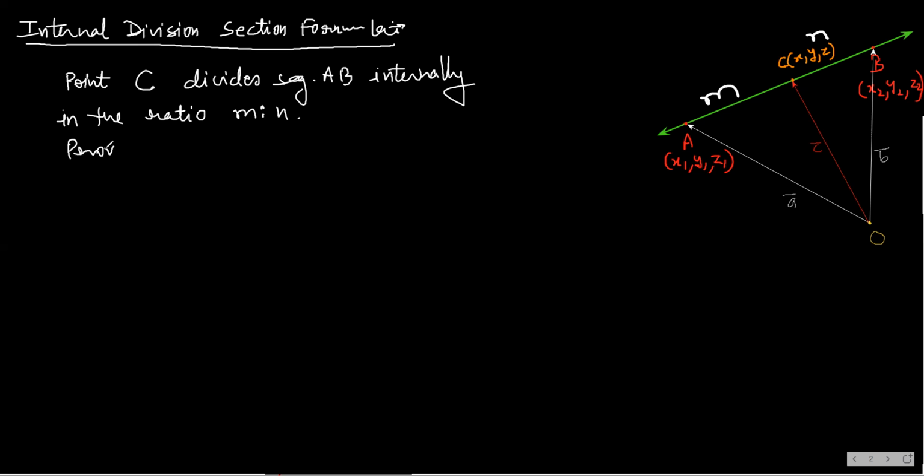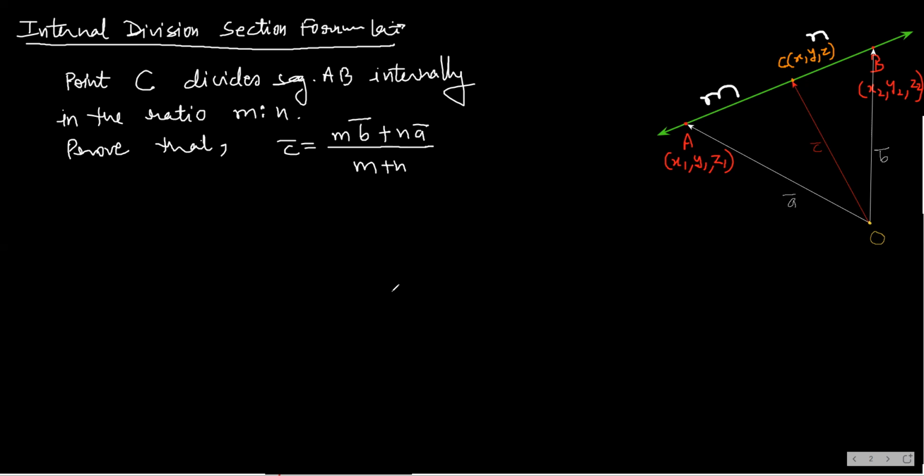Let us make this a question: prove that C bar equals (M B bar plus N A bar) upon (M plus N).